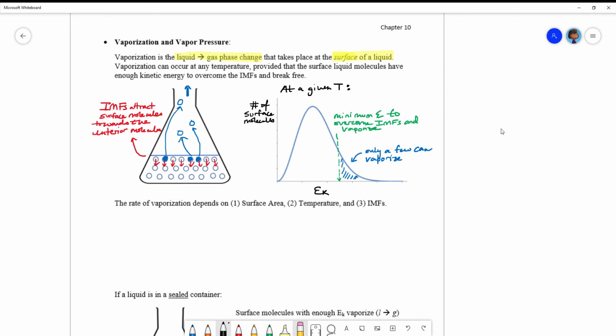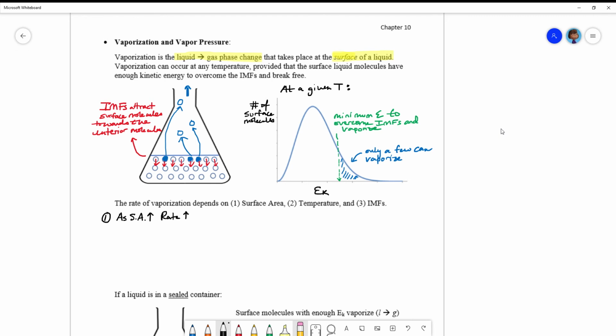So let's look at each of these in turn. It turns out that as the liquid surface area (SA) goes up, the rate of vaporization also goes up. Surface area is how much area of the liquid is exposed to air at the surface. Suppose we have a liquid like water in a tall, thin glass.